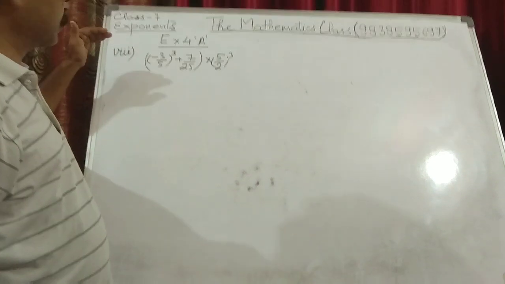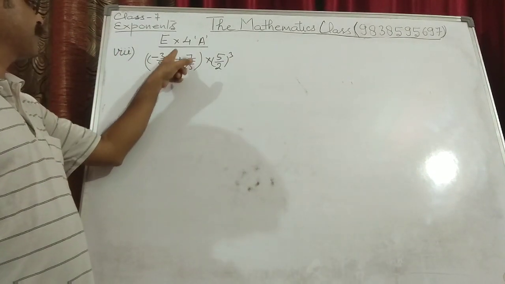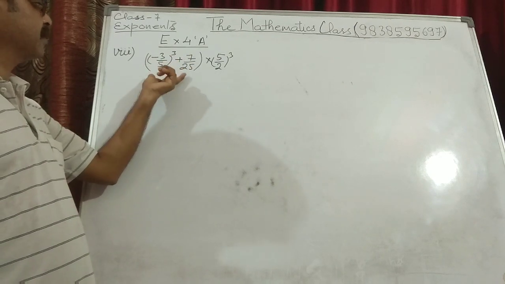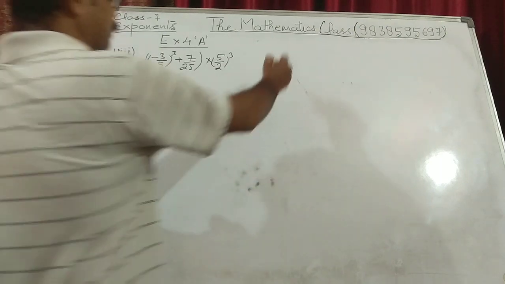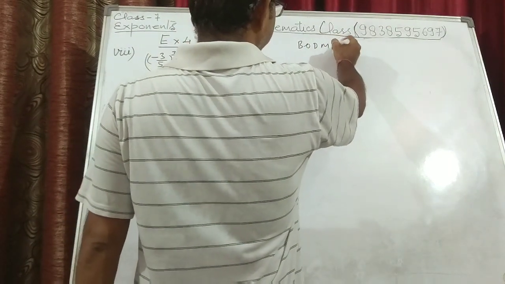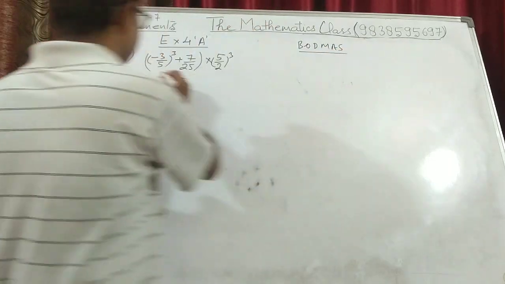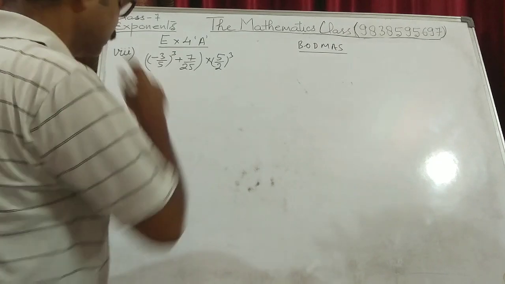Now question number 4, 8th part we have taken. It is minus 3 upon 5 to the power 3 plus 7 upon 25. This total is multiplied by 5 by 2 to the power 3. Again we will apply BODMAS, because first of all there are two brackets. First of all we will solve this and then solve this.